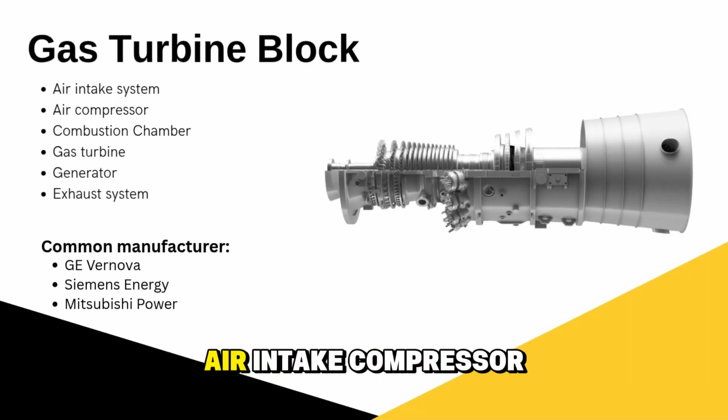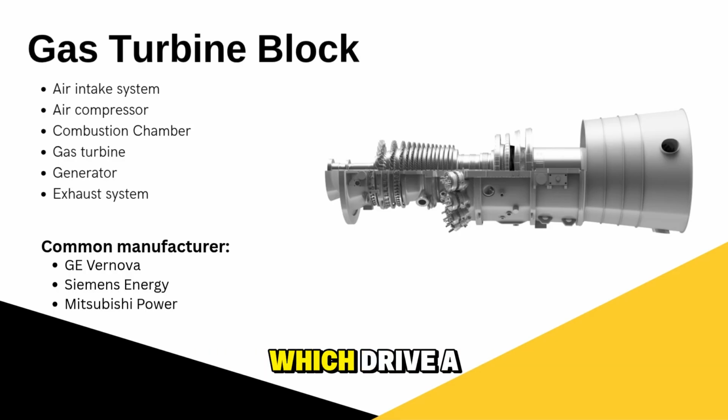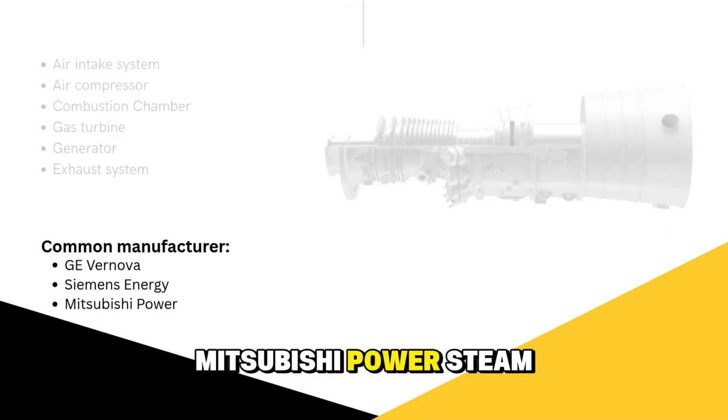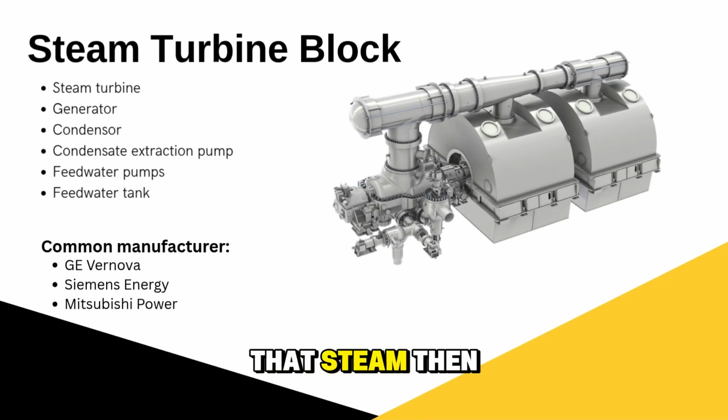This includes the air intake, compressor, combustion chamber, and the gas turbine itself, which drives a generator to produce power. Major manufacturers include GE Vernova, Siemens Energy, and Mitsubishi Power. Steam turbine block. That steam then powers a steam turbine and another generator. This block also features a condenser and feed water pumps to recycle the water back into the system.